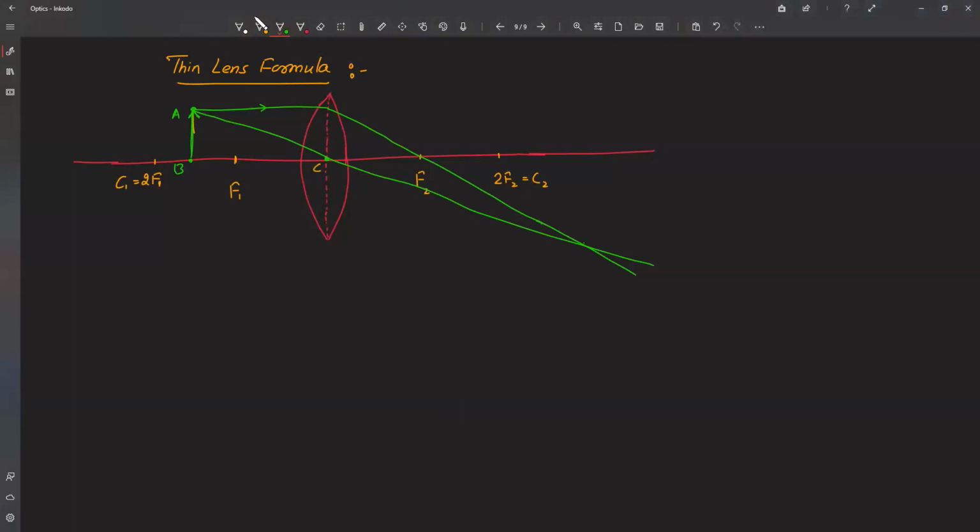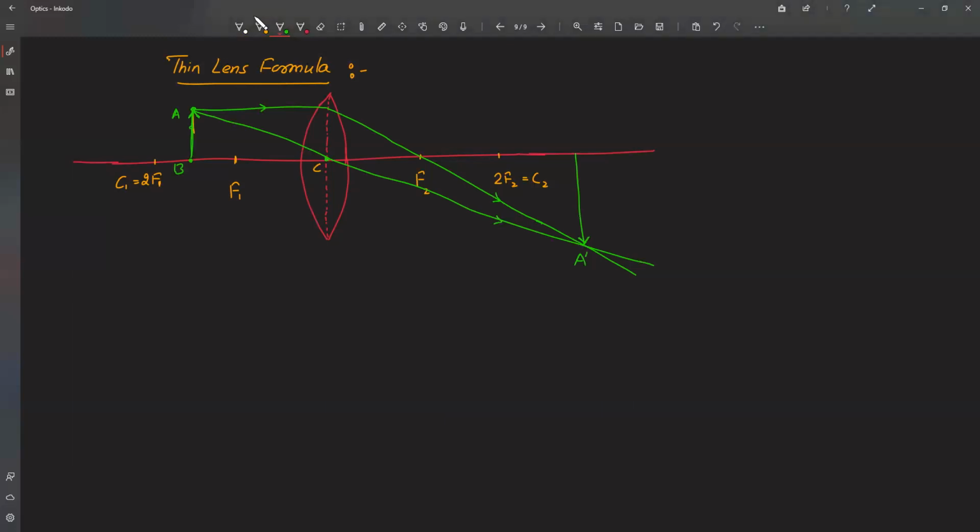And now these two rays after refraction will, as you can see here, intersect each other. So where are they intersecting? They are intersecting at this point. This point of intersection of rays coming from A, let's represent by A dash.